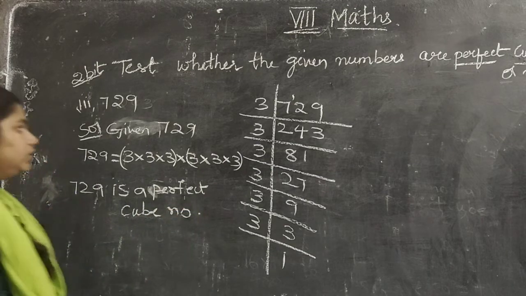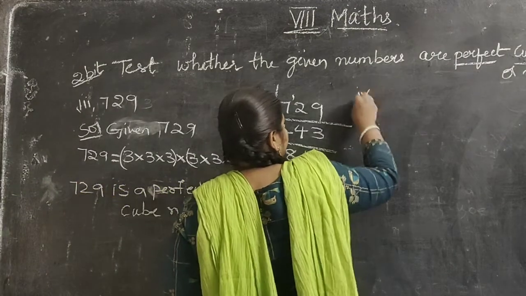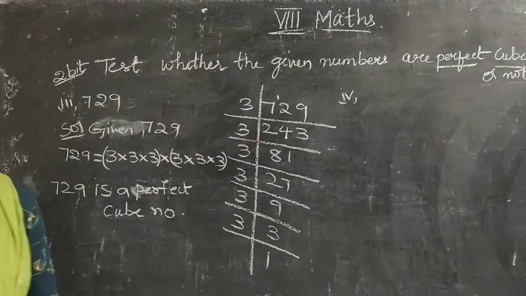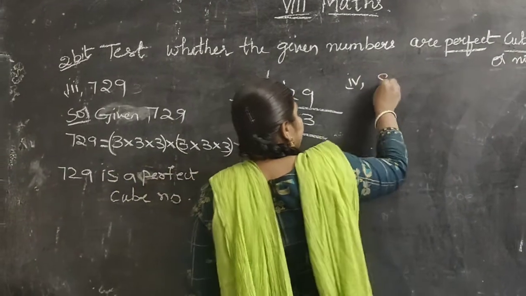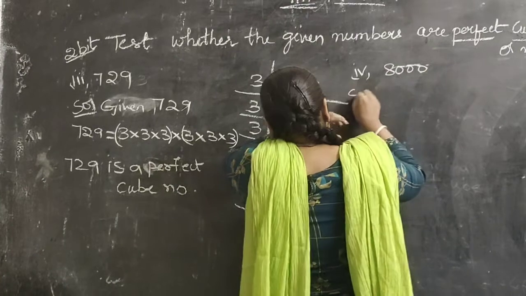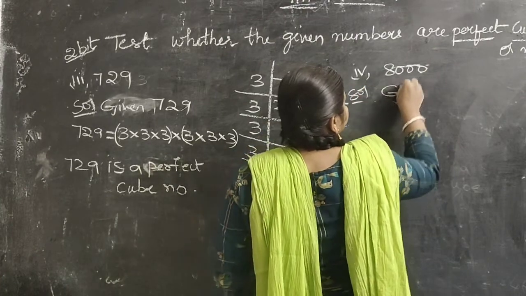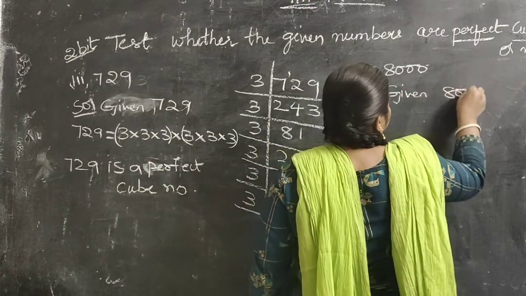So next question, fourth one, which is 8000. So whether this 8000 is a perfect cube number or not, we have to check.